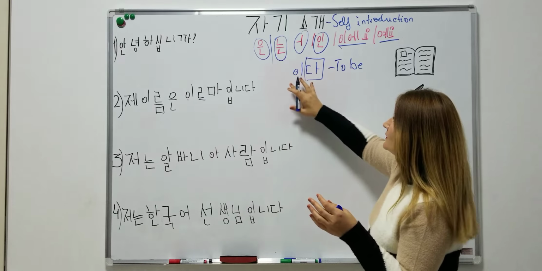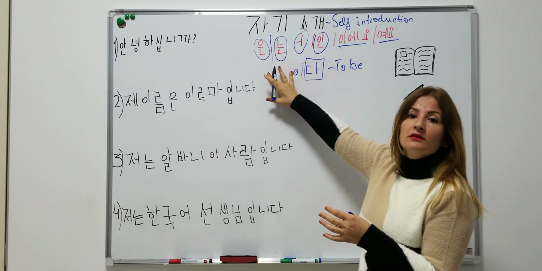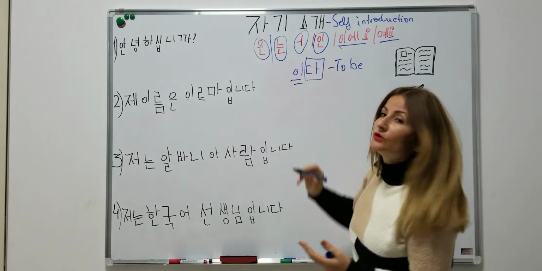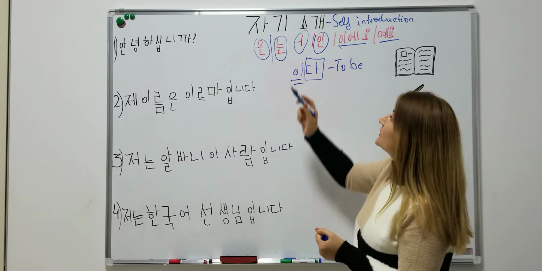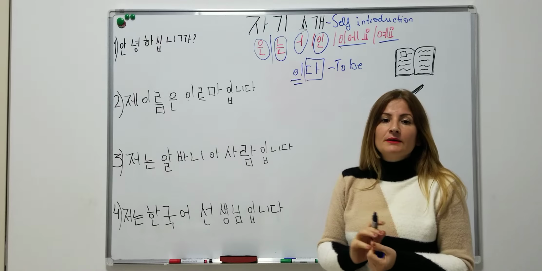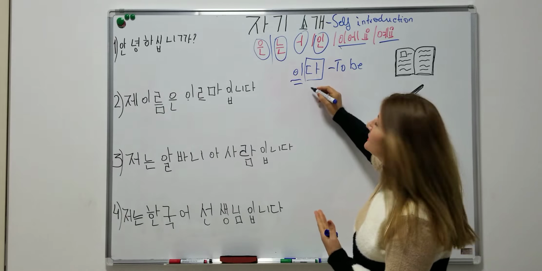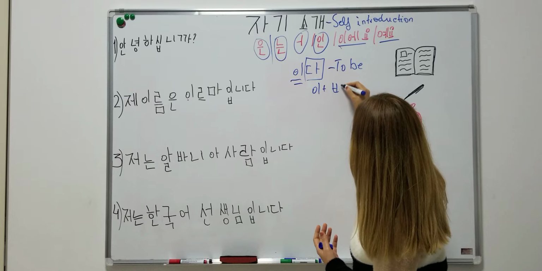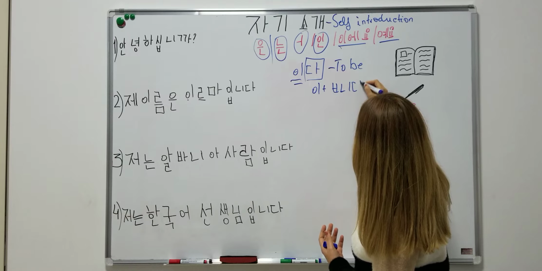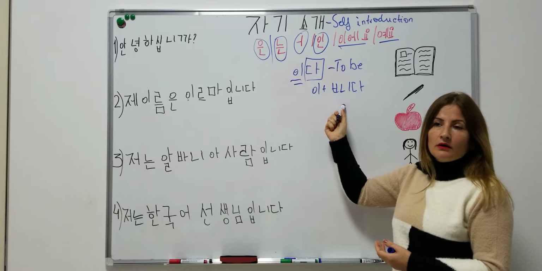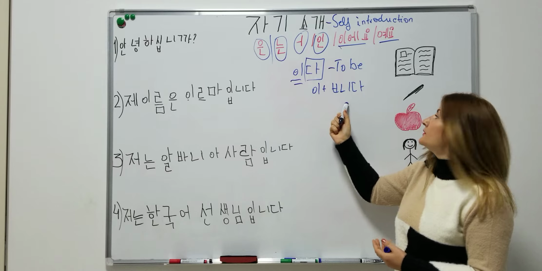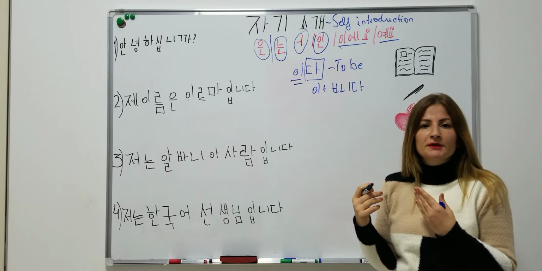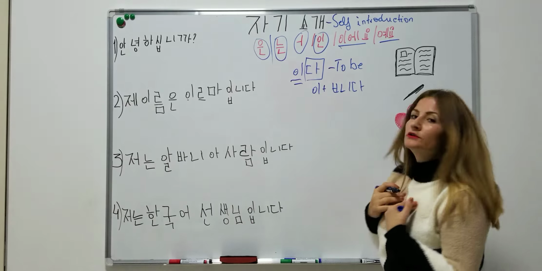So we take this, and depending on the ending of the root of the verb, so this is the root of the verb, and it ends in e, but it has pnida, plus pnida, and this is the affirmative and very formal 존댓말. So 저는 일마입니다.